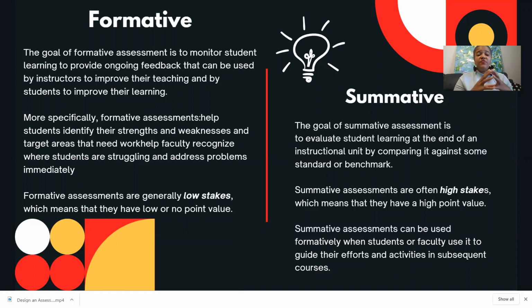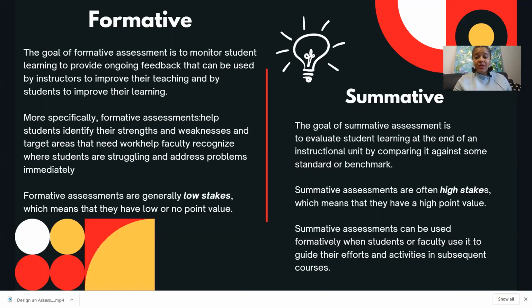More specifically, formatives help students identify what they're good at and what they're not good at before they're actually tested on the information. So your formative work is very valuable, but it's also low stakes, meaning this is where you can make mistakes.